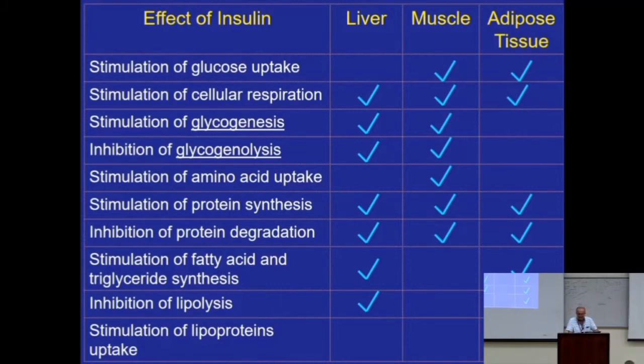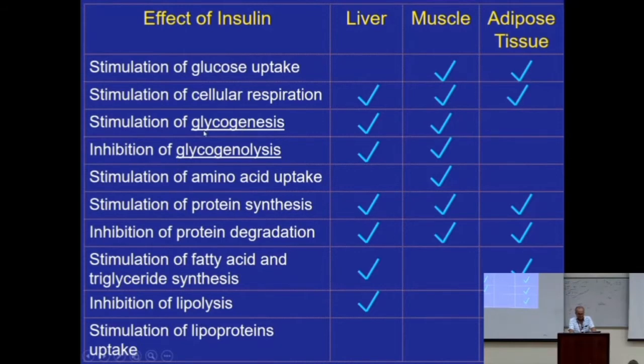Because most of the metabolic catabolic pathways that produce energy, like glycolysis, PDH and TCA, produce NADH and FADH2. And you need to take those high energy molecules and oxidize them through the electron transport chain to produce ATP. So as a general rule, insulin is going to stimulate cellular respiration, production of those high energy molecules and their eventual production of ATP.